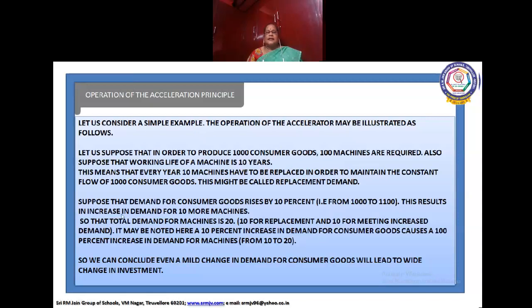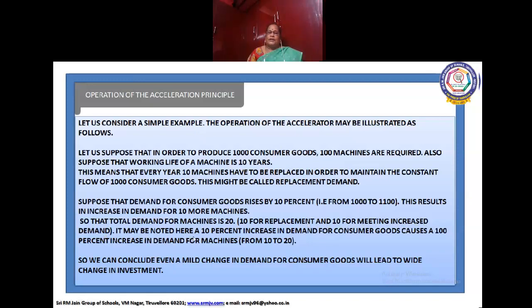This results in an increase in demand for 10 more machines, so that the total demand for machines is 20: 10 for replacement and 10 for meeting increased demand.